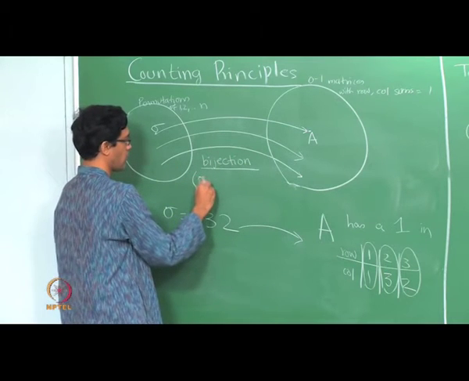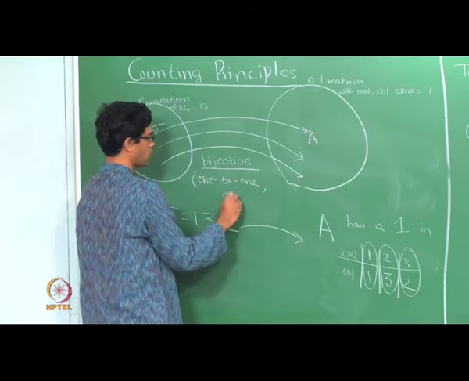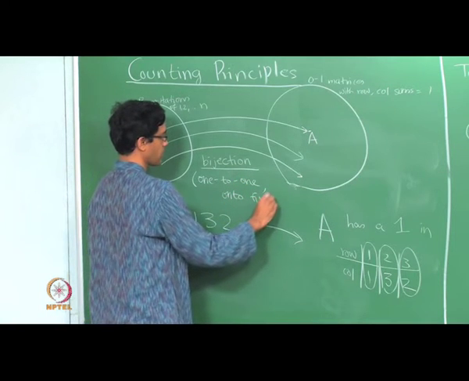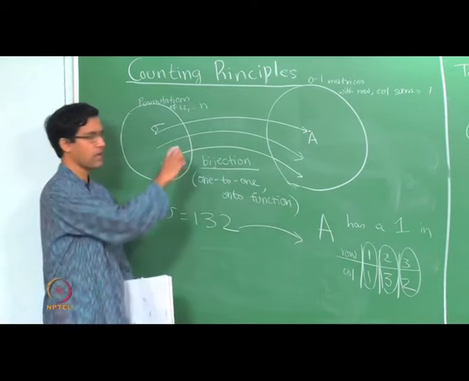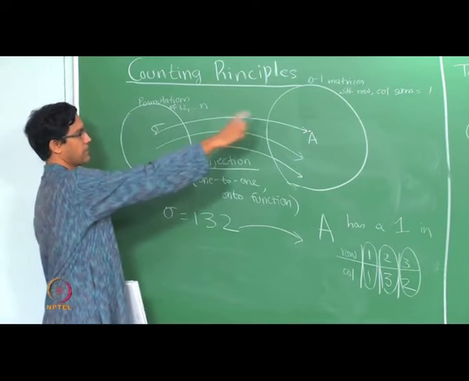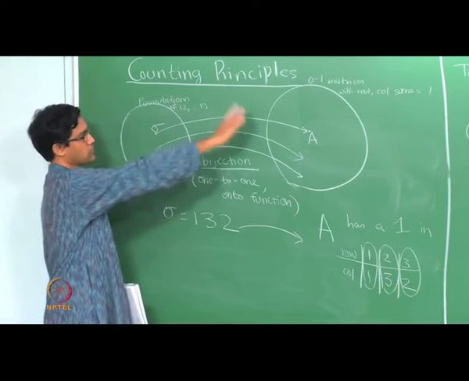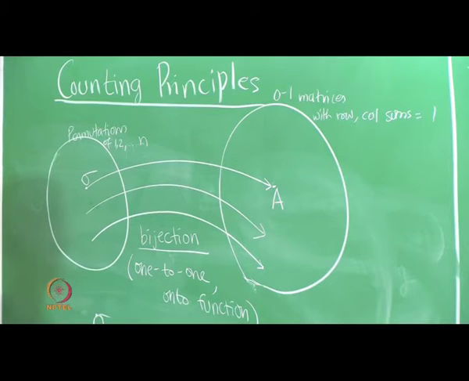So this is a 1-to-1 and onto function. But more simply stated, all it is saying is that you have a correspondence between elements here and elements there. Okay. Every element here corresponds to something there, and similarly every element there corresponds to its inverse.